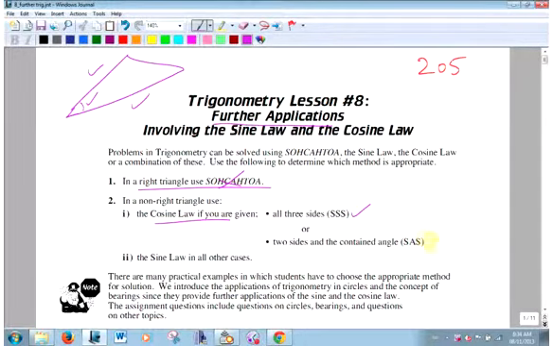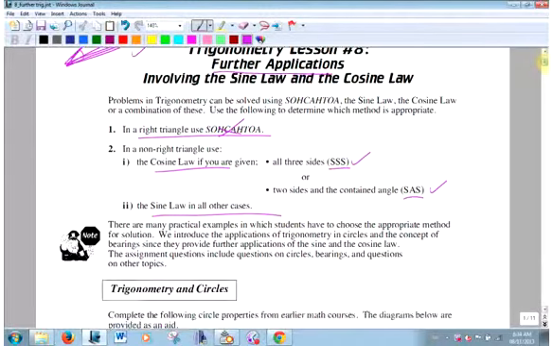Those two situations: side, side, side, and side, angle, side, but the angle has to be in between the two sides, right? It can't be this angle. That's not in between these two sides. So again, I gave this visual thing with my arms and my head. Side, angle, side. All right? If you don't have that, then sine law. I'm not going to give you one you can't solve. So don't think of that, okay?